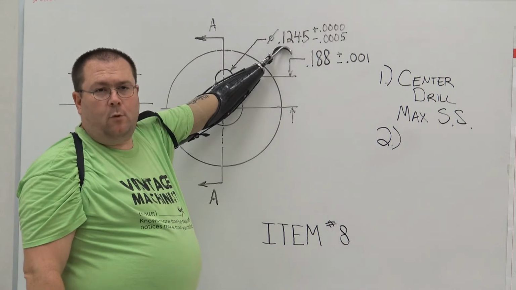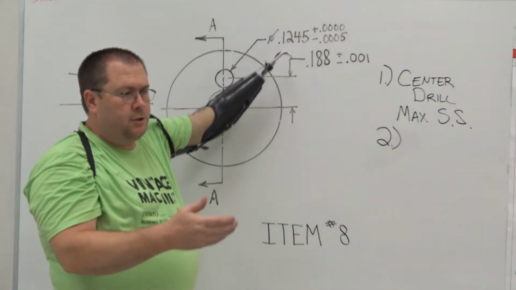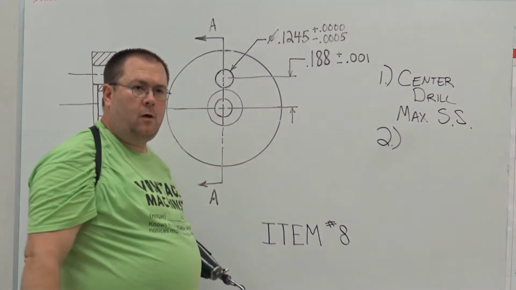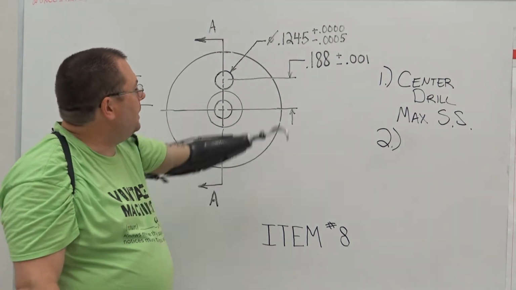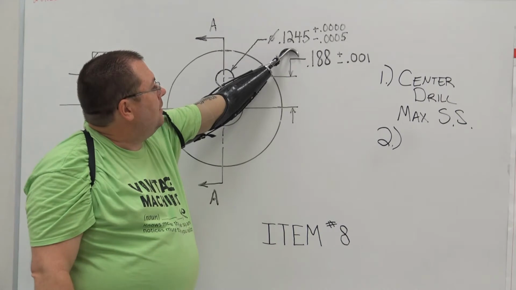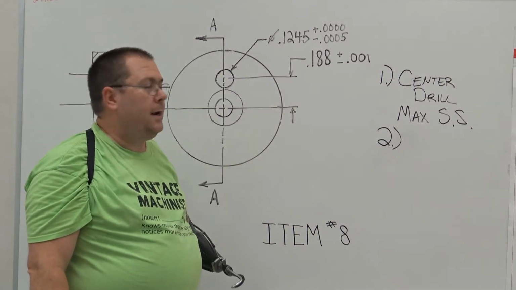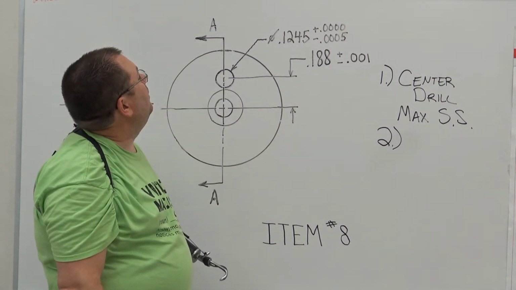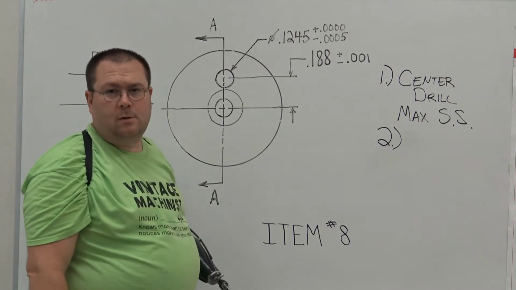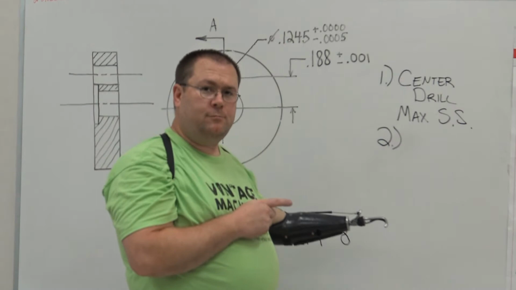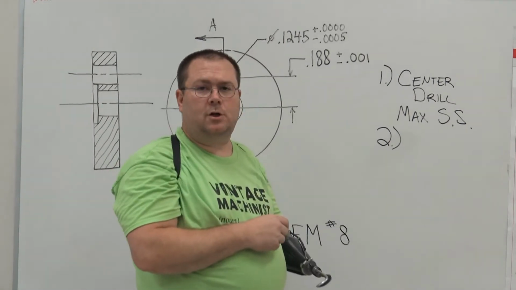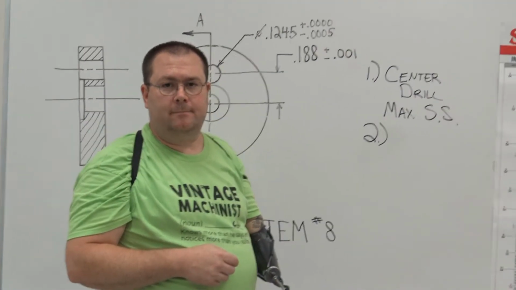So 124 thousandths, how much undersize do we want to drill the hole? 8 to 10 thousandths when we're reaming a hole. So 8 to 10 thousandths means that I'm going to be somewhere in the 114 to 116 diameter. We're going to go over to our tap drill chart or our decimal equivalent chart and find out what size that is.